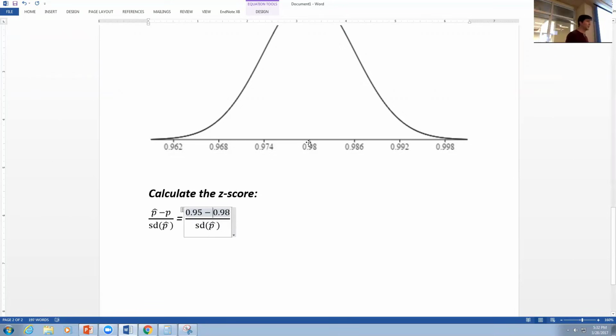How far away is 0.98 from 0.95? And it's below, so this will turn out negative on top. And on the bottom, we simply have 0.0057. And this equals, if you solve it, negative 5.26.